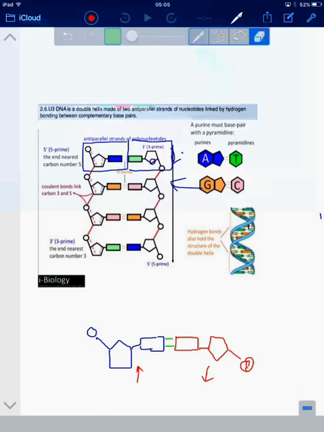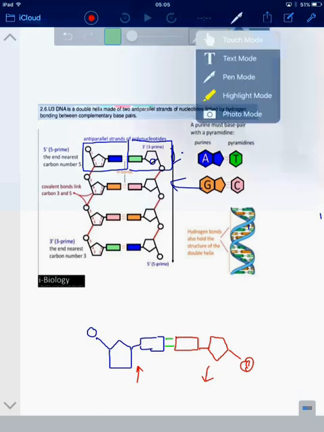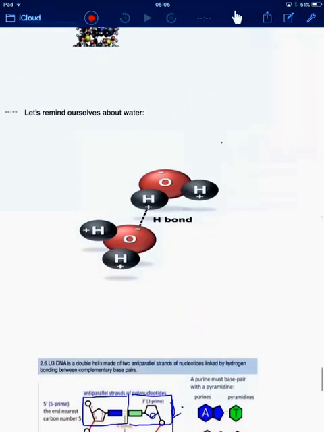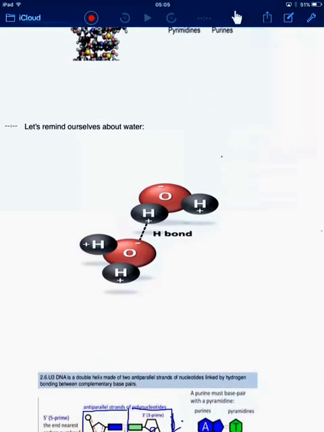Well, we need to know a little about hydrogen bonds. So let's remind ourselves of water. Now, water is an amazing molecule, and it's amazing because it forms hydrogen bonds, and this has led to many of the features that we see that allow life on this planet.